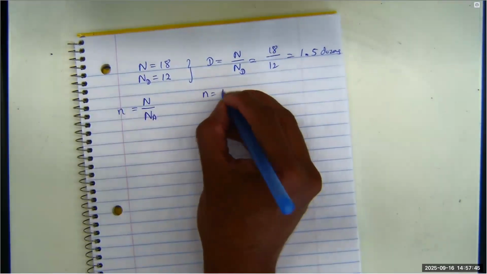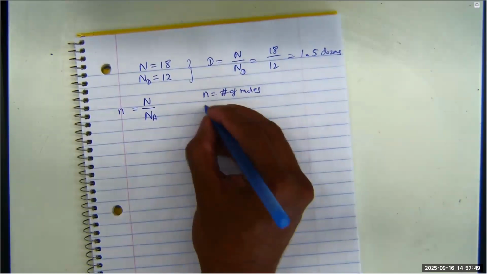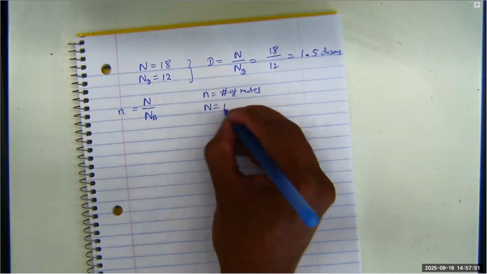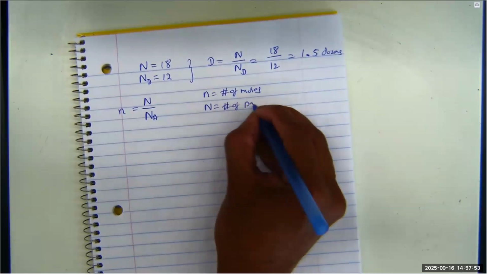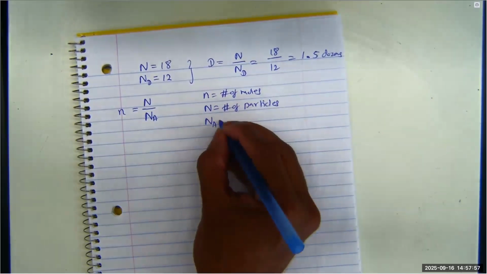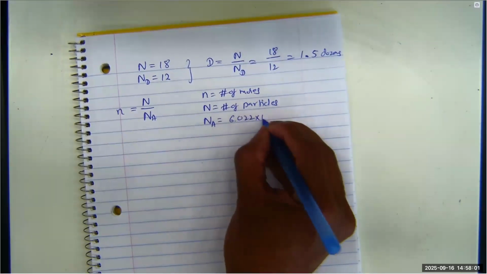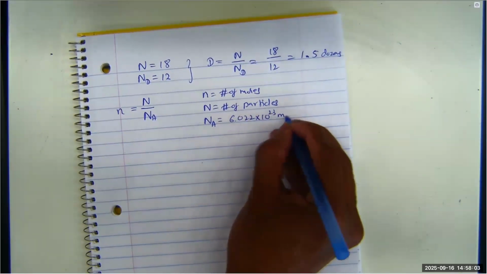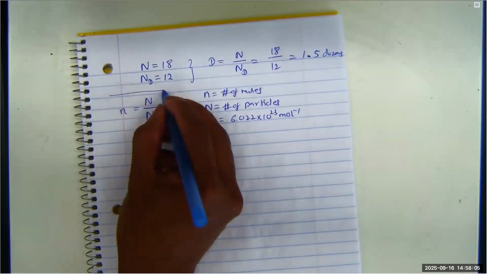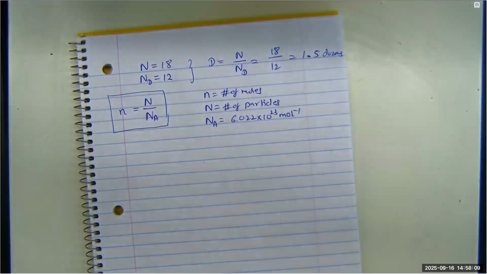So here the lowercase n is the number of moles, uppercase N is the number of particles, and then N sub A is the Avogadro's number. You can write 6.022 times 10 to the power of 23 per mole. So you should put this in a box. This is the first equation we'll be using for these problems.